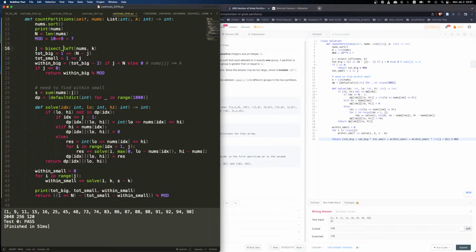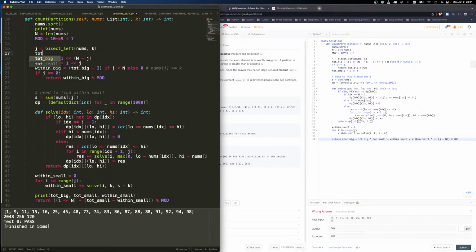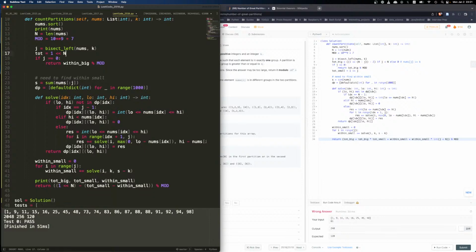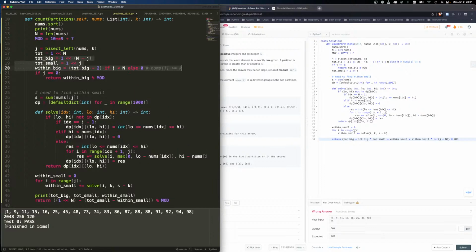This is necessary. This is not necessary. None of these are necessary. Well, we can actually say tot equals 1 left shift n, right? And then we can say if j, hold up.